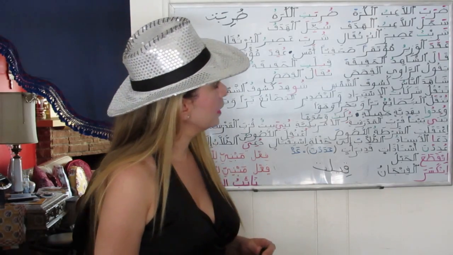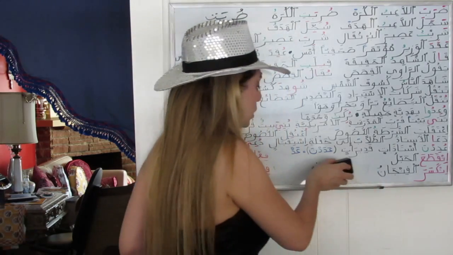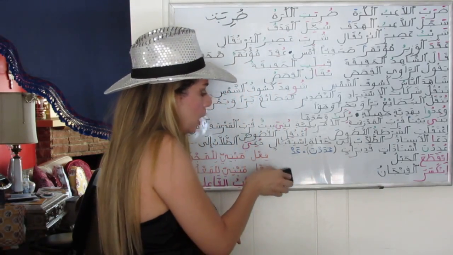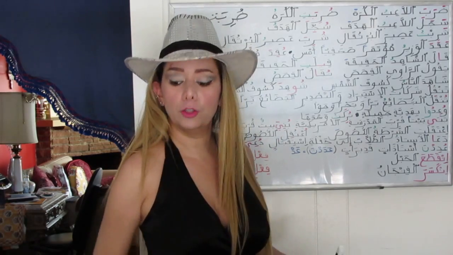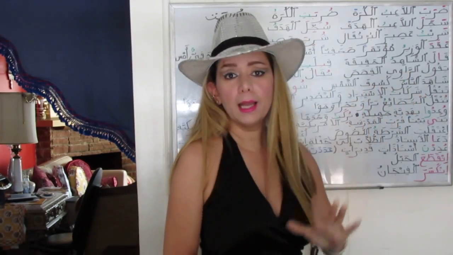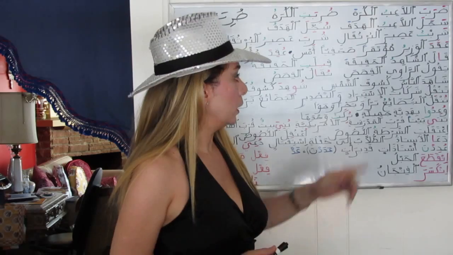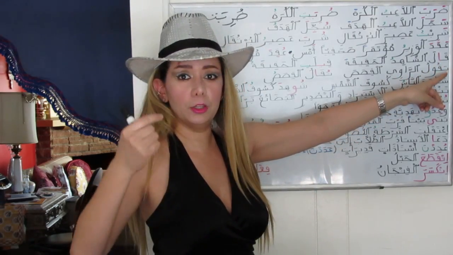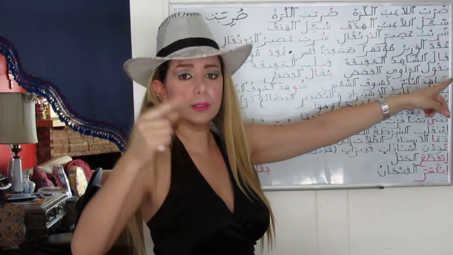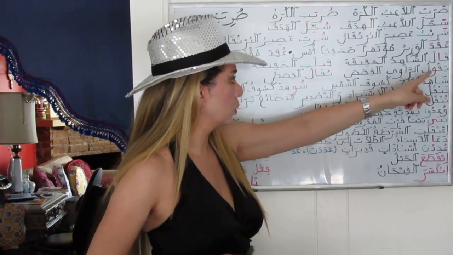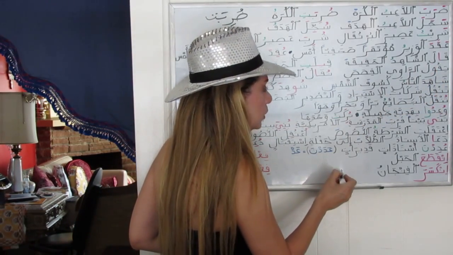Okay? Here we have the verb قال, the hollow verb, conjugated in the present tense. So let's see how we convert that kind of verb in that kind of conjugation. يقول الراوي القصص. So يقول, the narrator tells stories. Okay? So here, when you have the verb conjugated in the present tense, we will start with the damma, you.